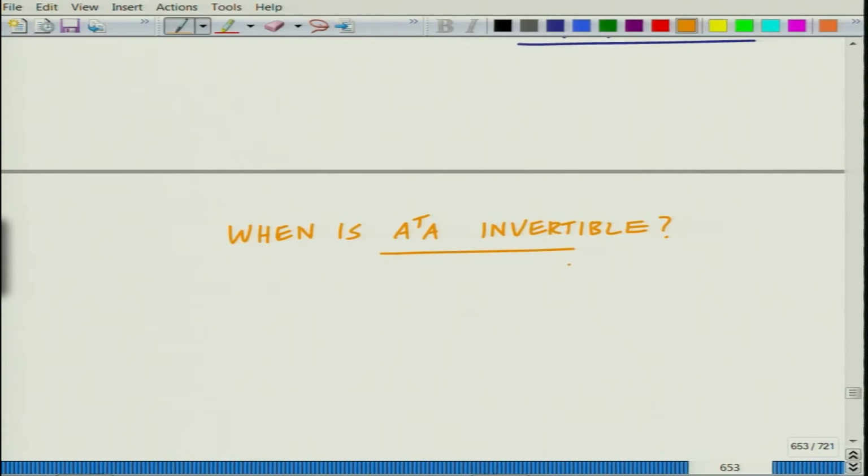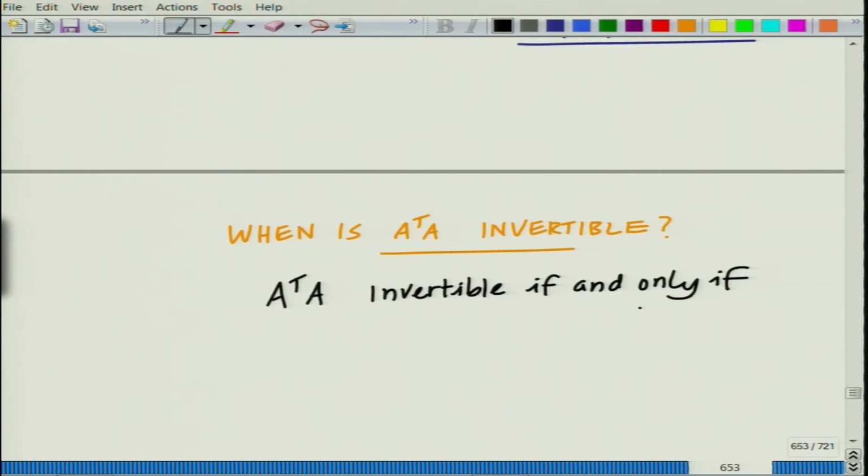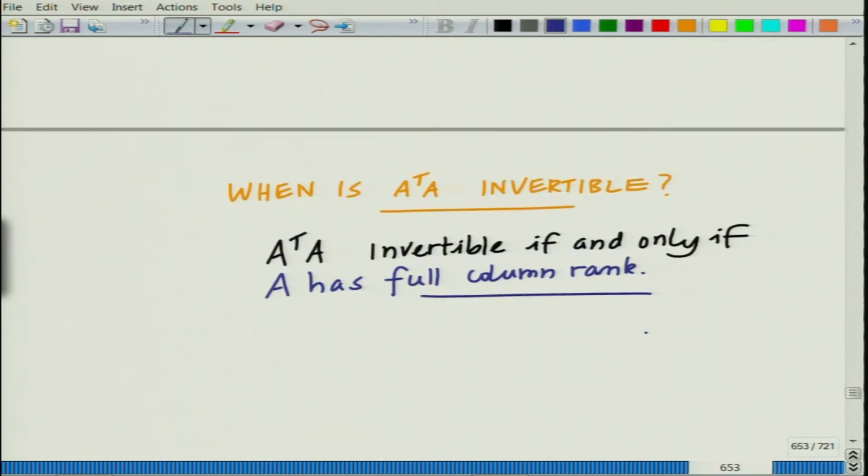And the answer is: A transpose A is invertible if and only if the matrix A has full column rank. What is the meaning of that?